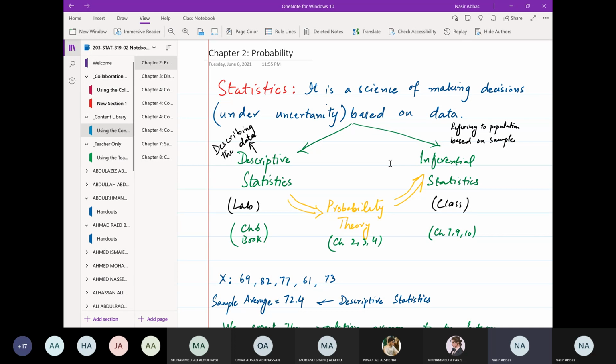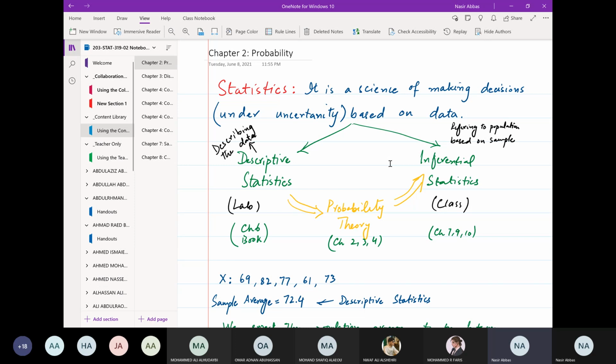And we said that statistics has two branches. One of them is called descriptive statistics, where we only describe the data. We said this we will cover in the lab, and your book covers this in chapter 6.